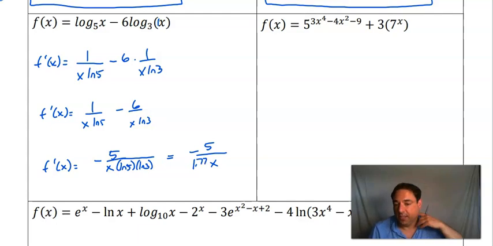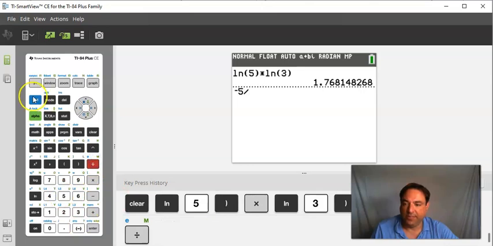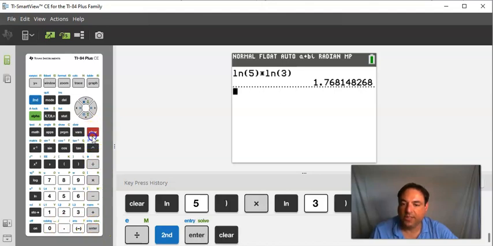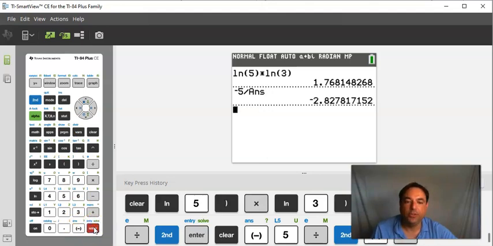We could leave it like that. We could also divide if we wanted to: -5 divided by that number. So if I went to my calculator and I did -5 divided by the previous answer, second negative for answer, previous answer, you would get -2.83, let's say.